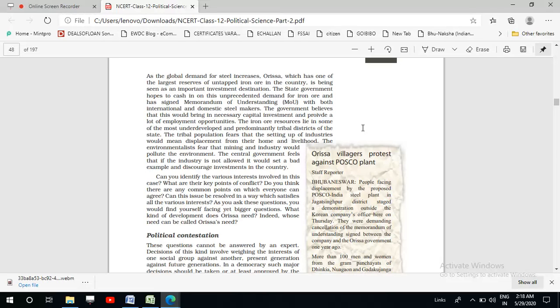So it will set a bad example. It will discourage the investment of money from the foreign companies.